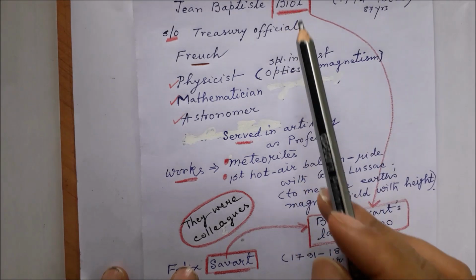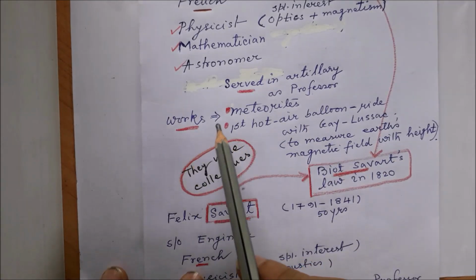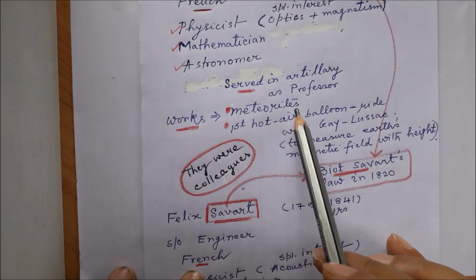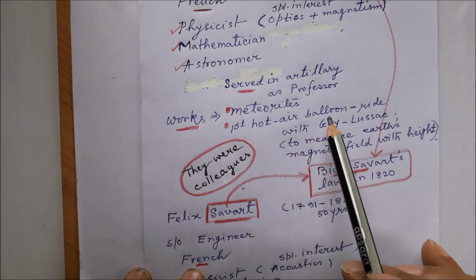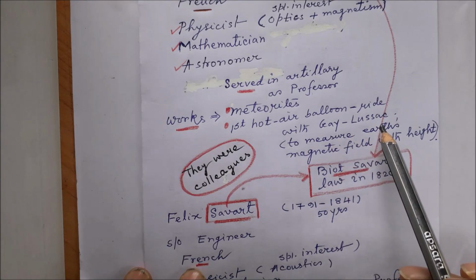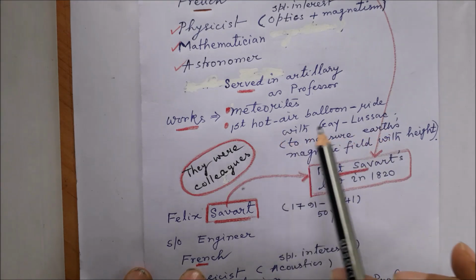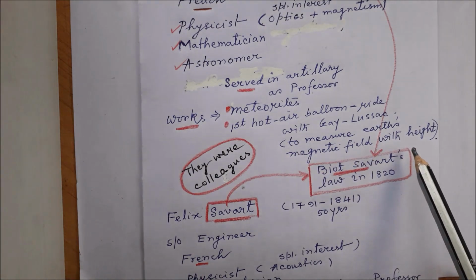Biot served in artillery and later on served as professor, and his works involved those on meteorites, and he was the one who first traveled in a hot air balloon, and his co-passenger was the famous Gay-Lussac, and this he did to measure Earth's magnetic field with height.